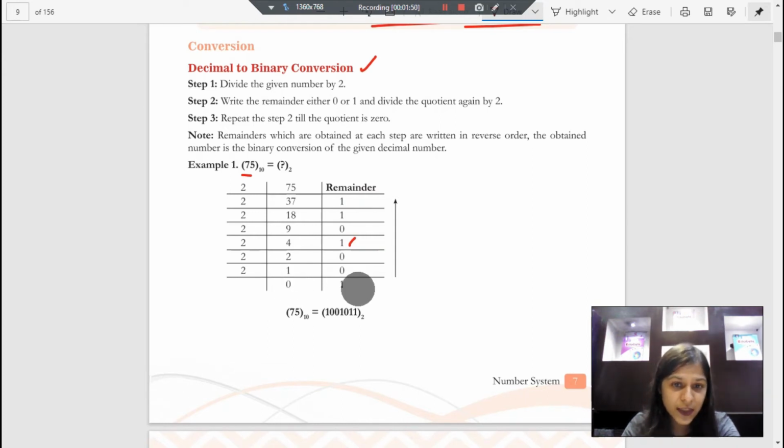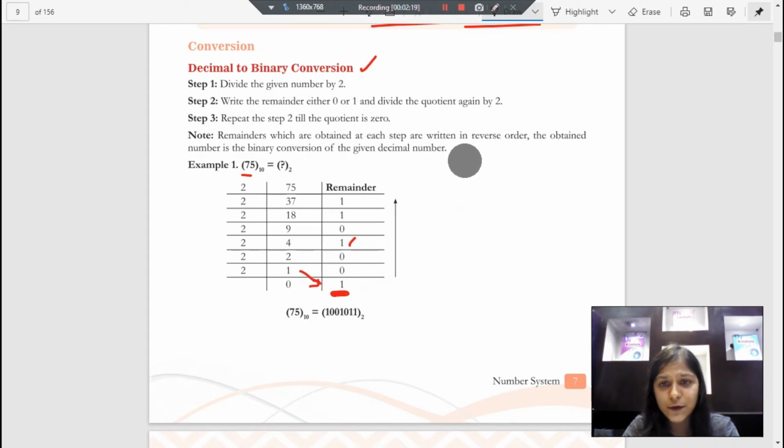Because 1 will come here and this 1 will serve as a remainder, because we cannot divide 1 by 2, right? So now what we will do is simply write down the numbers in the reverse order: 1 0 0 1 0 1 1. This is how we've converted our number to the binary number system.